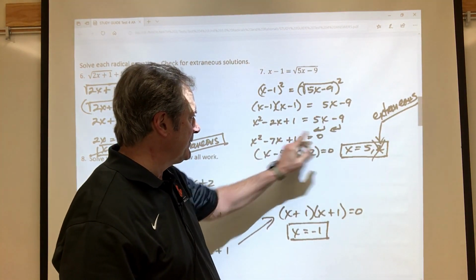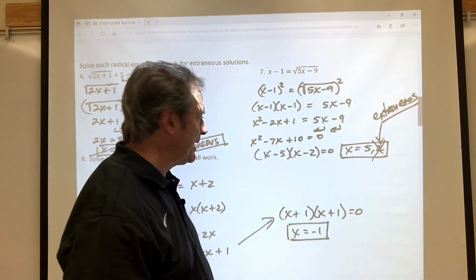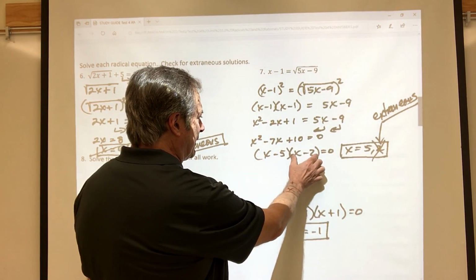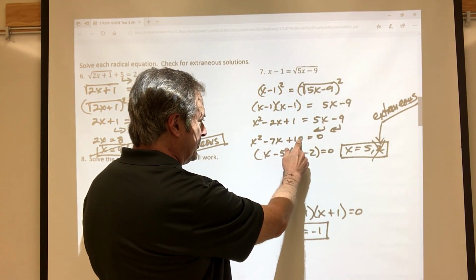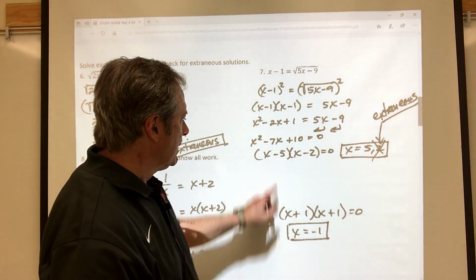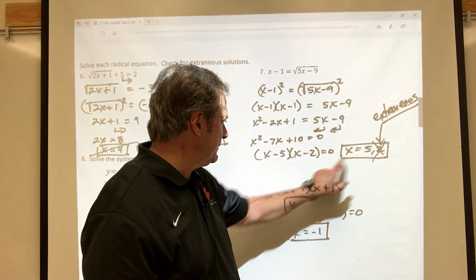So I'll subtract 5x, add 9, and we have this trinomial, and fortunately it factors into x minus 5 times x minus 2, because negative 5 times negative 2, when you multiply is 10, but when you add them, you get negative 7. And using the zero product property, we get x is equal to 5 and x is equal to 2.